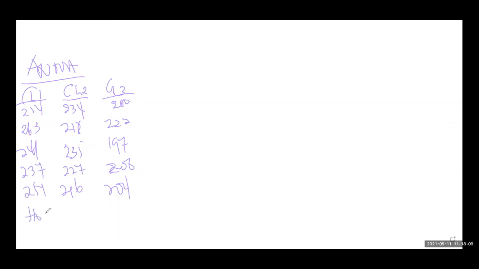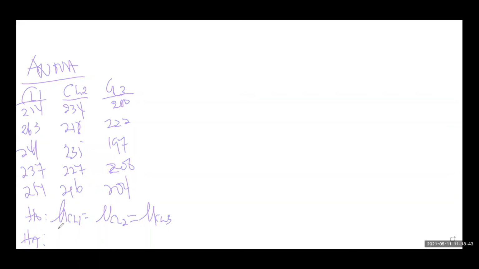So H0 and HA, as I said, for writing the hypothesis for ANOVA, you should be able to get it. So we are saying that mu club 1 is equal to mu club 2, which is also equal to mu club 3.